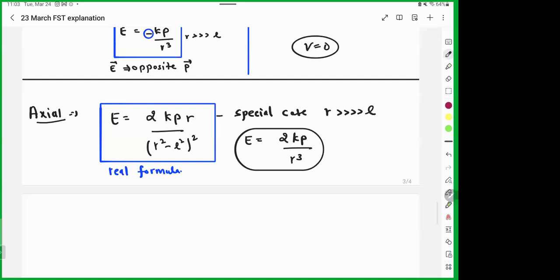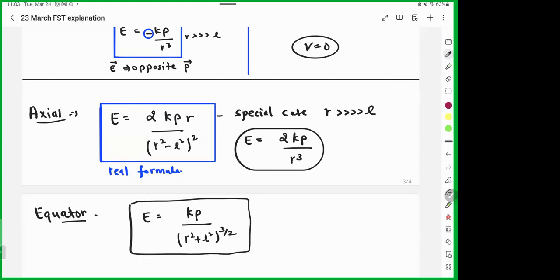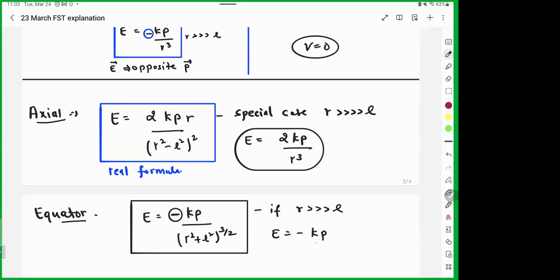For equator, electric field will be like Kp by (r square plus L square) whole power 3/2. This is proper formula. And the special case is if r is greater than L, you can ignore L. So minus sign, minus sign is important. Then electric field will be equal to minus Kp by r cube.